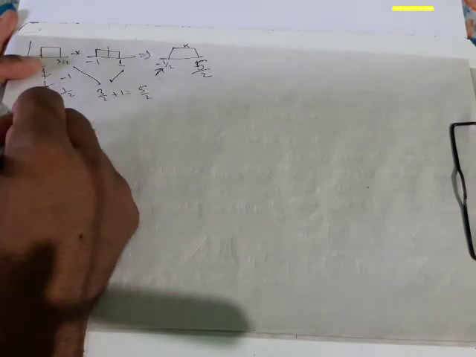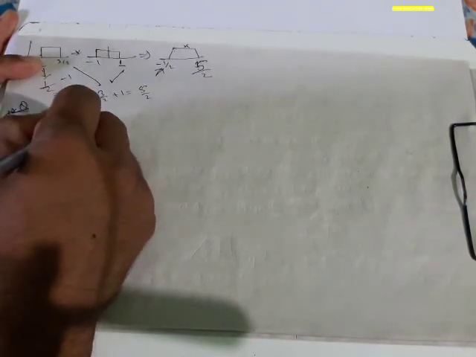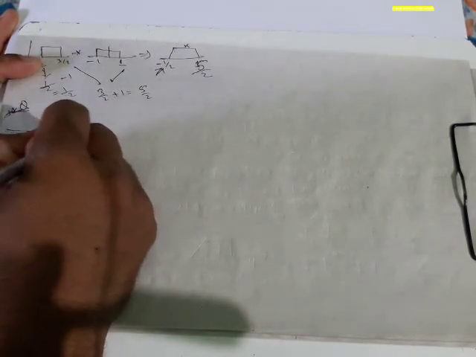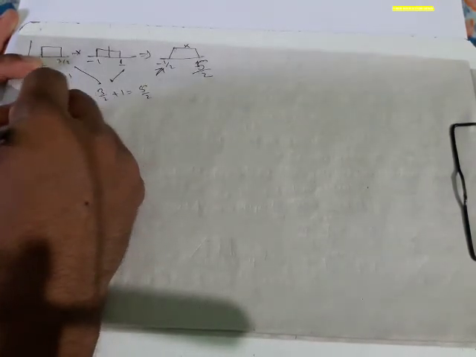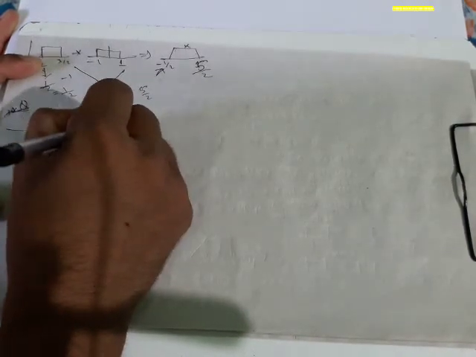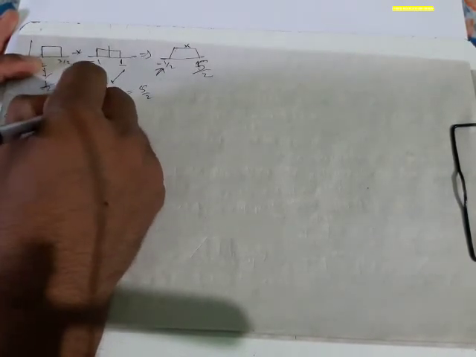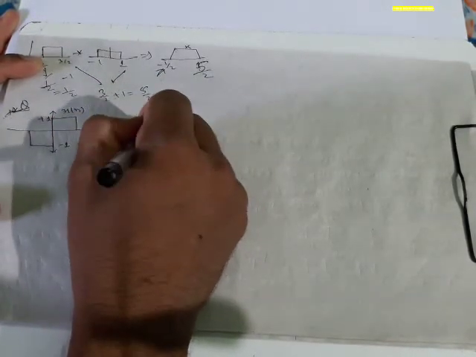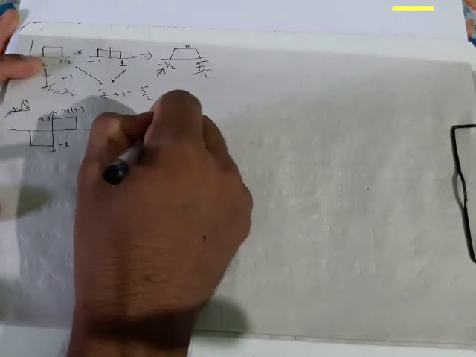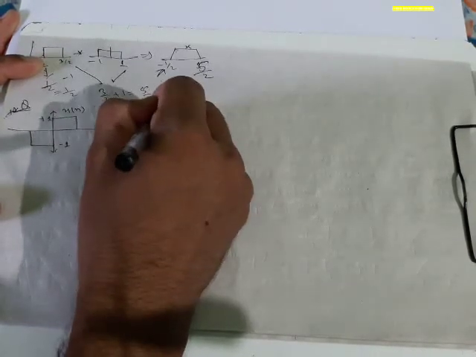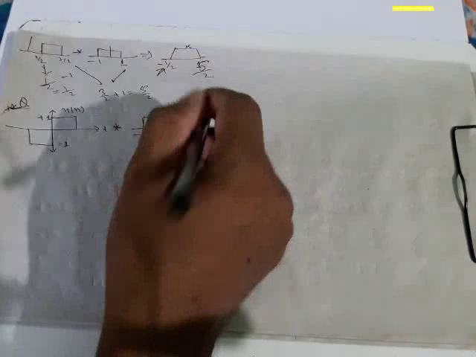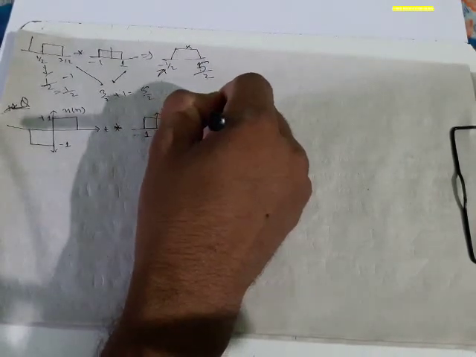Now again this signal, we'll take this signal. I have taken four terms: one convolution with this, second convolution, third convolution, fourth convolution. Similarly for this one, we take minus u of t plus 1 and this one, so plus u of t plus 1 convolution with u of t minus 1, and this term minus 2 u of t convolution with u of t minus 1.